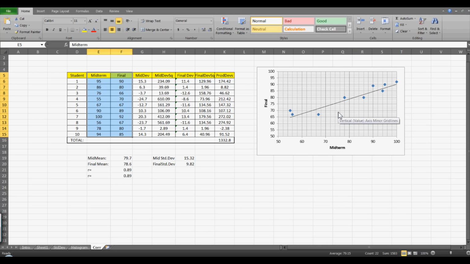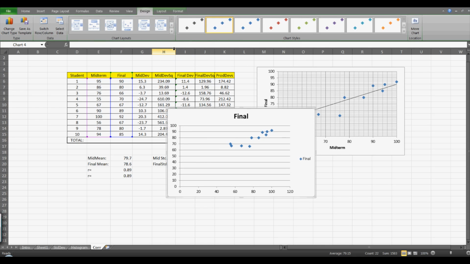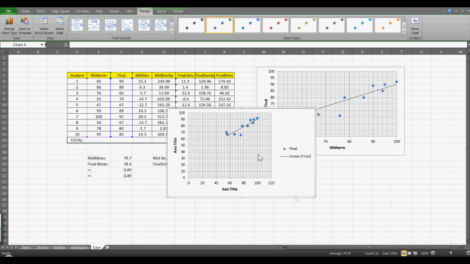In order to get a chart like this, highlight the two sets of scores, go to Insert, and click on Scatter. This is the style we want. If you look up here, this will give us a trend line, which shows the slope and the direction of the correlation.